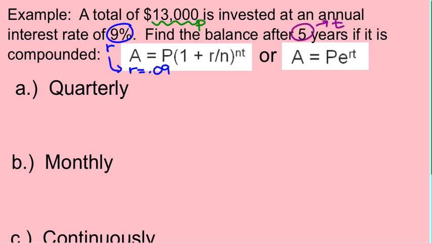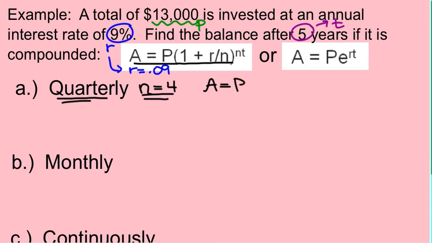This is going to be your time. And then we give you some different compound methods. So the first one is quarterly. So quarterly means 4 times a year. That's your N.